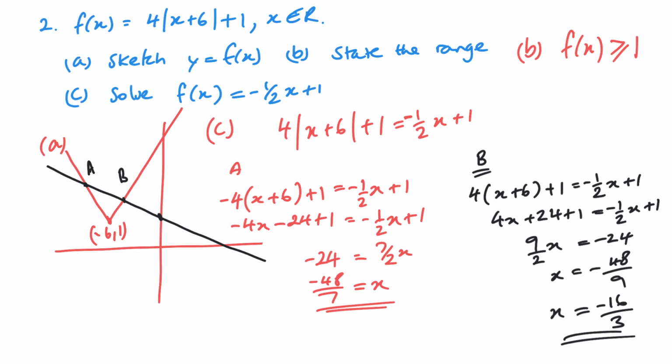So if you don't do the sketch and you get 2 answers, you should always substitute the answers back in to the original graph, including the modulus sign, to make sure it works. Okay, so if you don't do a sketch and you just do this algebraically, substitute back in, because sometimes you might get 2 answers but only one of them is actually viable. Okay.